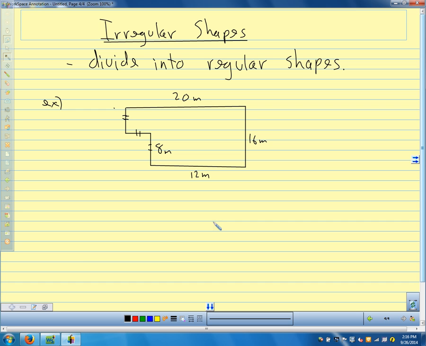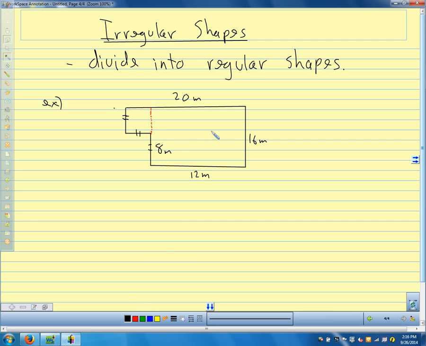All right, so this isn't a rectangle, this isn't a square, this is an irregular shape. Let's divide it into regular shapes. Where would be a good place to divide this? Right here at the 8 part. So I'm going to divide it like so.